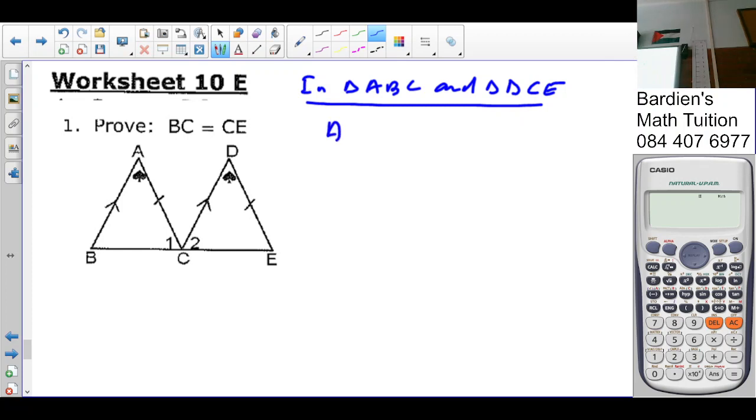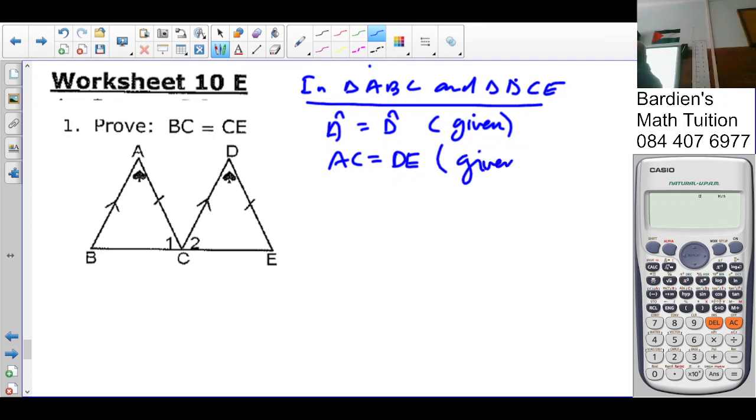Angle A is equal to angle D. Why? It's given. Yes, and that is in its right place. Can you see that? What else can we say? AC is equal to DE. Why? Given. One more.